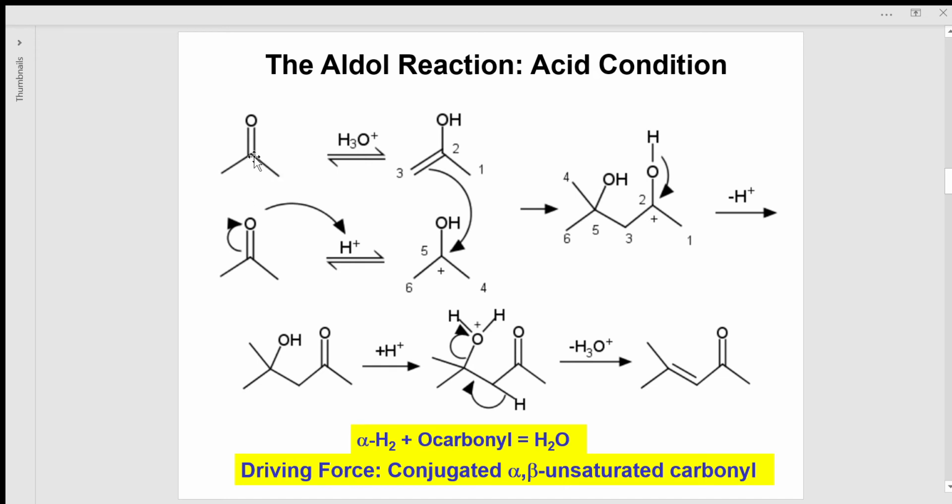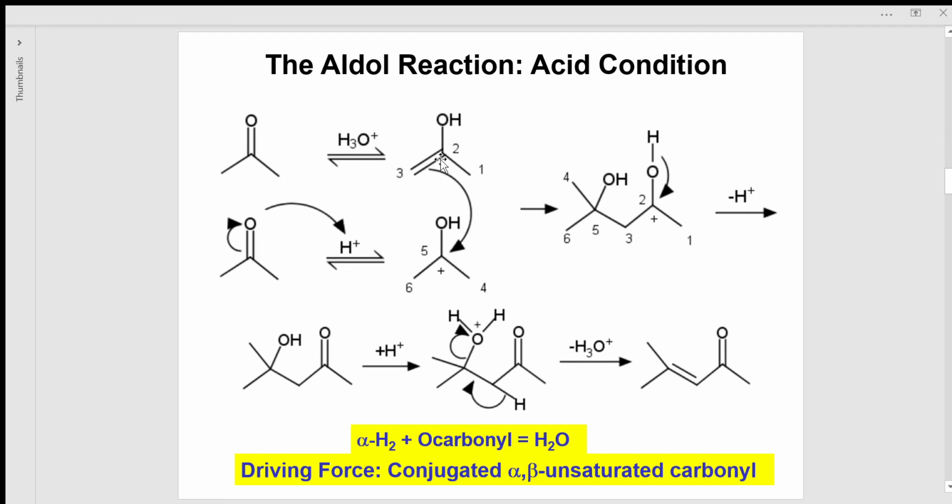However, ketone molecules can tautomerize, forming a tautomer, an enol. You know, this is the ketone, this is the enol form of the ketone. In the enol form, we have a carbon-carbon double bond here. The pi bond is basically electron rich.